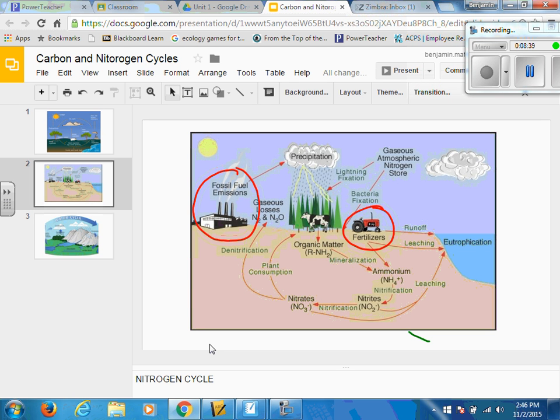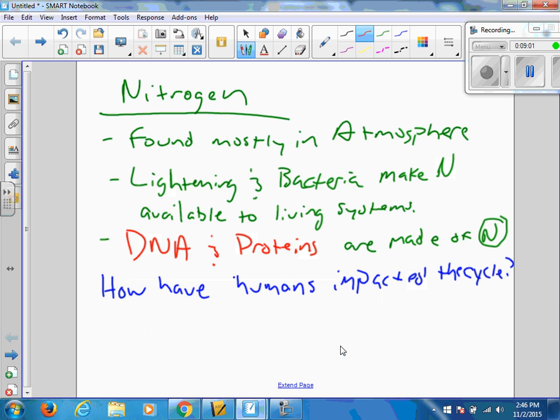We also have organic matter. Lots of organic matter actually could potentially be a good thing because in the end we're going to get a lot of nitrates that is very important for plant consumption. So that's why we use manure and that's why we use compost, because it's nature's fertilizer. We don't have to synthetically make fertilizer. So going back to our slide here in our notes, how have humans impacted the nitrogen cycle?